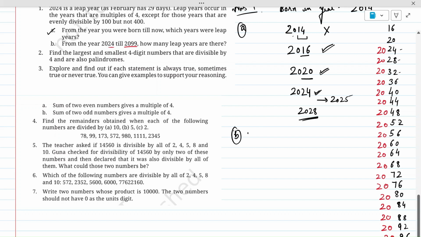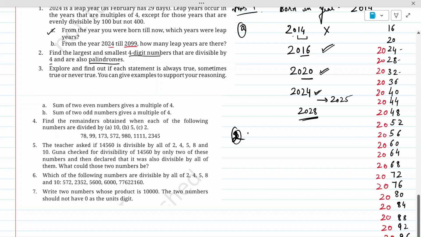Yeah. So question number 2, I'm taking: find the largest and smallest 4-digit numbers that are divisible by 4 and are also palindromes. So kids, I hope you remember what palindromes are. They are numbers which read the same from right to left and left to right. First of all, what we have to find?